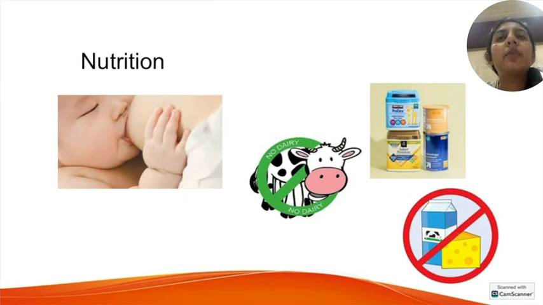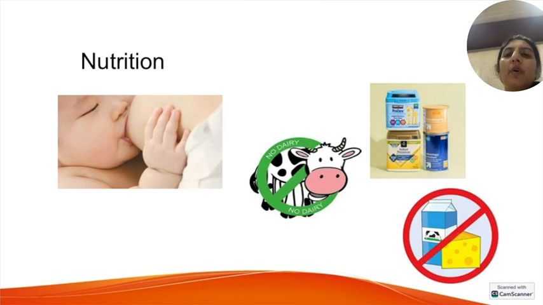And solids should begin at 4 to 6 months when the infant can maintain control of their head and neck. Important point, give only one new food per week. This is done to identify any unknown allergies and to take it easy on the immature GI tract.